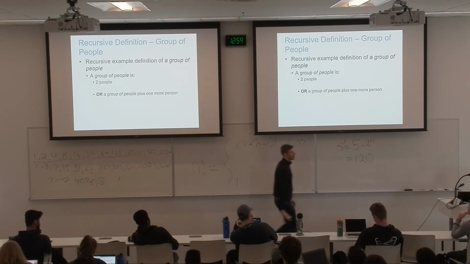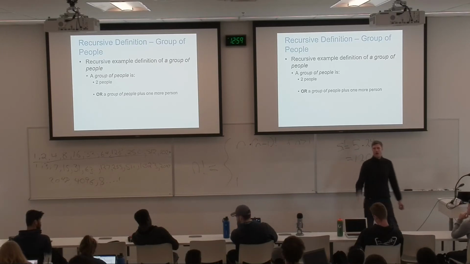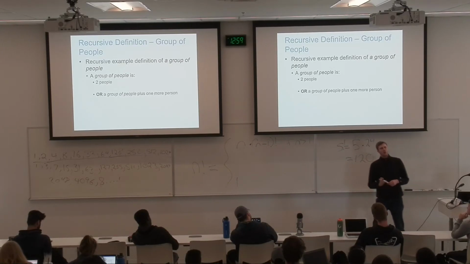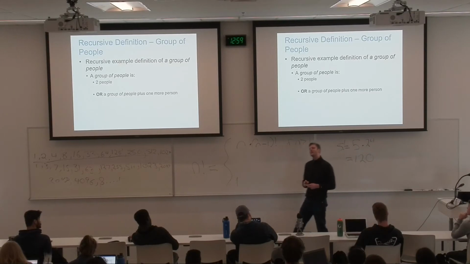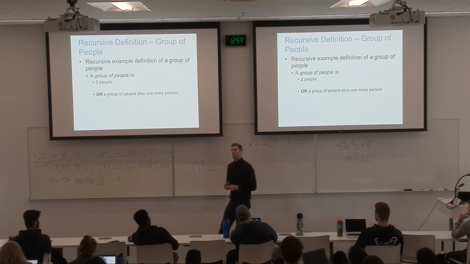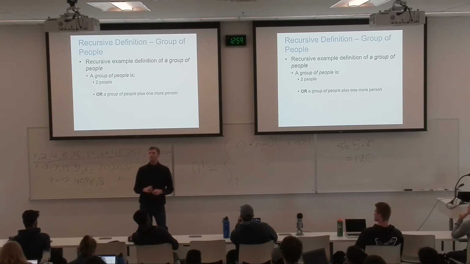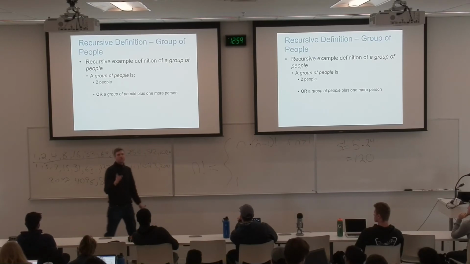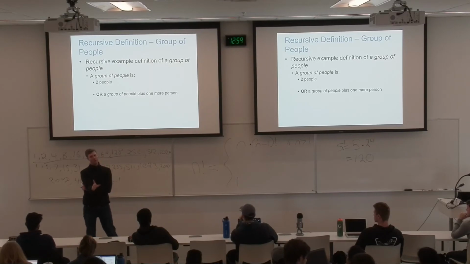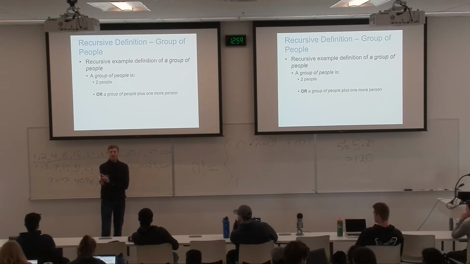Now that was very constructive. I started at 2 and went up. But what if I ask the question, is 10 people a group of people? Well, you don't know yet. We kind of know, obviously, because we can count. But in order to know if 10 is a group of people, if I take 1 out of 10, I have 1 plus 9.